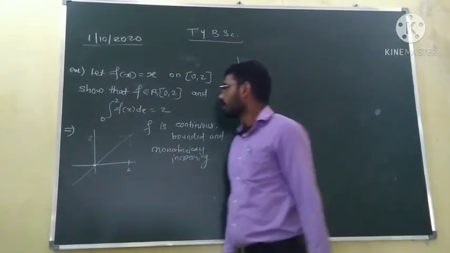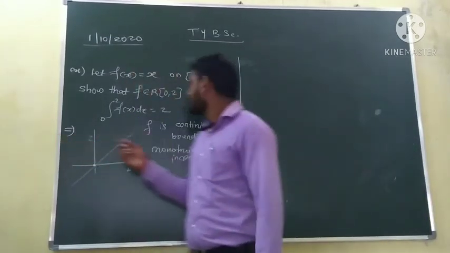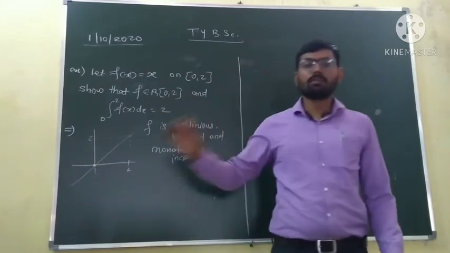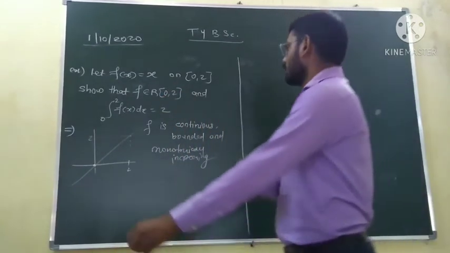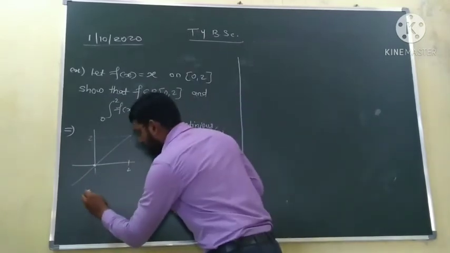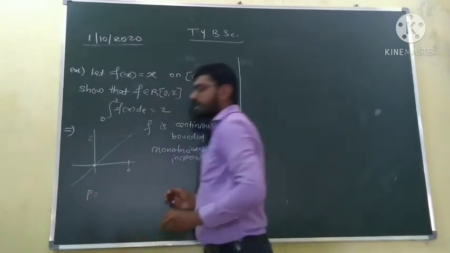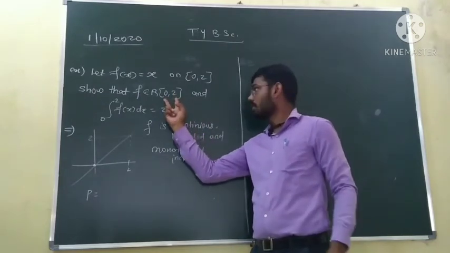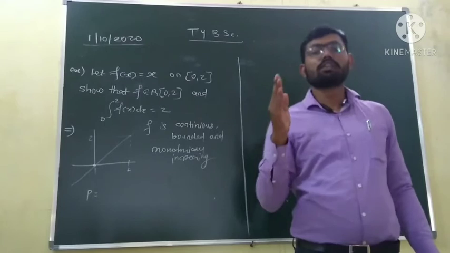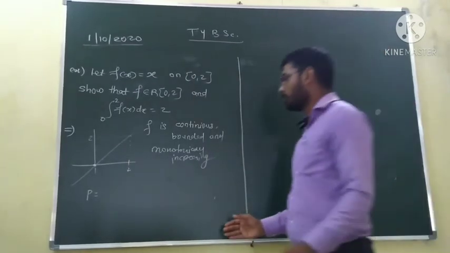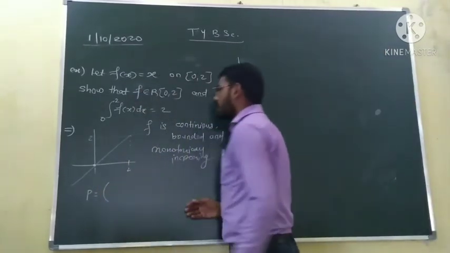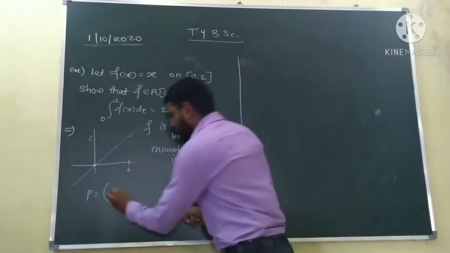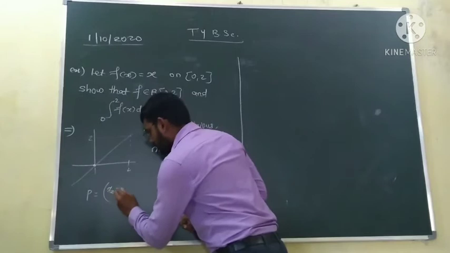Now we will divide this interval 0 to 2 into n subintervals. Okay. So we will take a partition P such that this interval 0 to 2 gets divided into n subintervals. So the first point of the partition is, as usual, the starting point 0. So x0 is equal to 0.